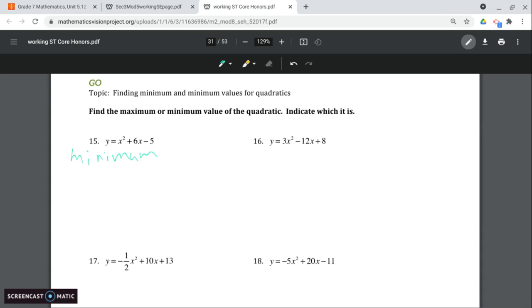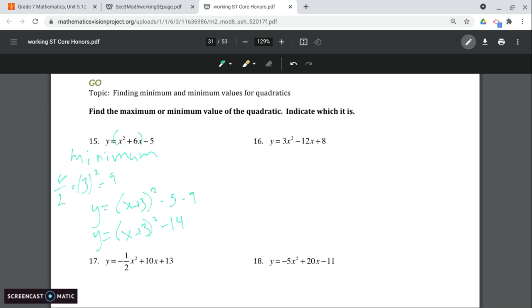And so for finding this, we group these together. We take 6 and divide it by 2 to get 3. 3 squared equals 9. So we have y equals (x plus 3) squared minus 5 minus 9. 5 minus 9 is 14, so we end up with (x plus 3) squared minus 14.